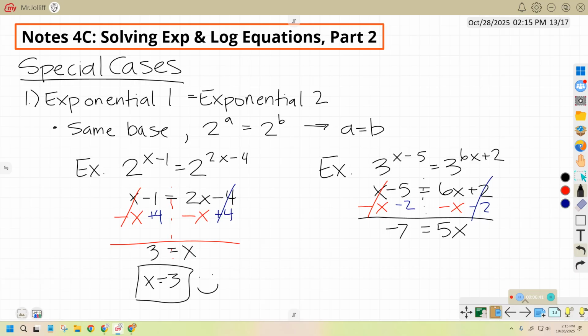Lucero, what should I do last to solve for x? So I have negative 7 equals 5x. What should I do to get x by itself? So focus on the side with the variable. What's the operation between the 5 and the x?